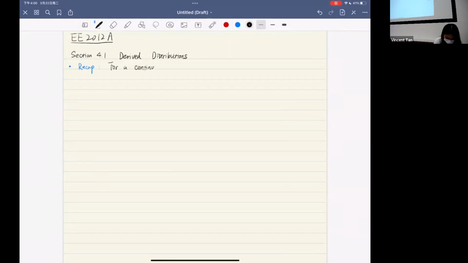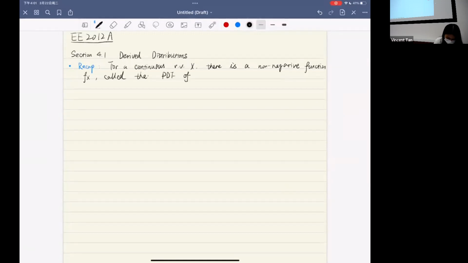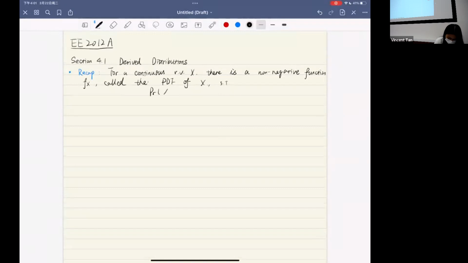Consider a continuous random variable X. A non-negative function called the PDF of X is such that the probability that X belongs to a region B is equal to the integration over this PDF function f_X.